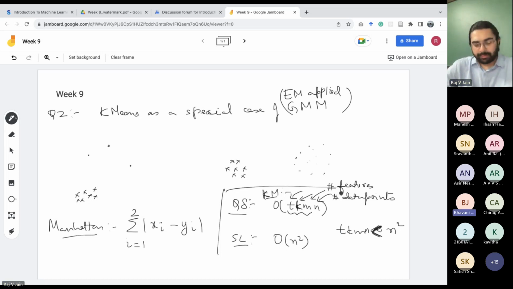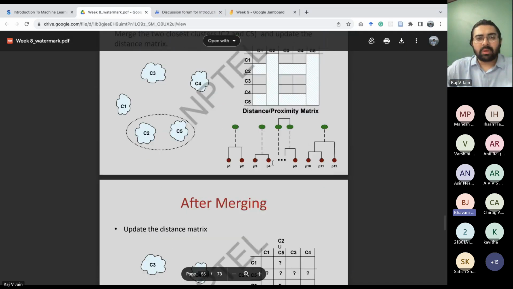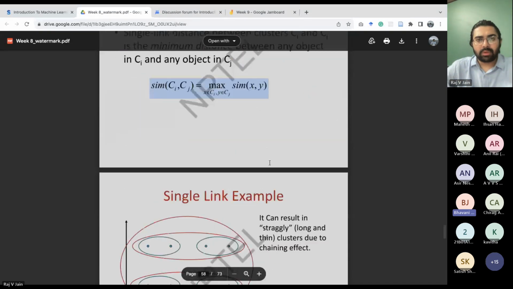Sir, in order of n squared for single linkage, n is not features. It is objects. If you compare with those symbols, it should be order of m squared in single linkage, if you use the same symbols, because here n is the number of objects you have.